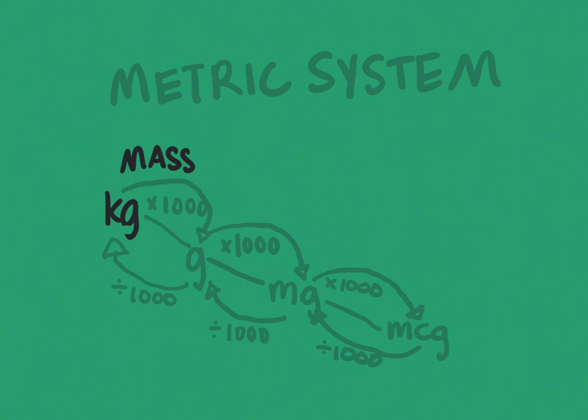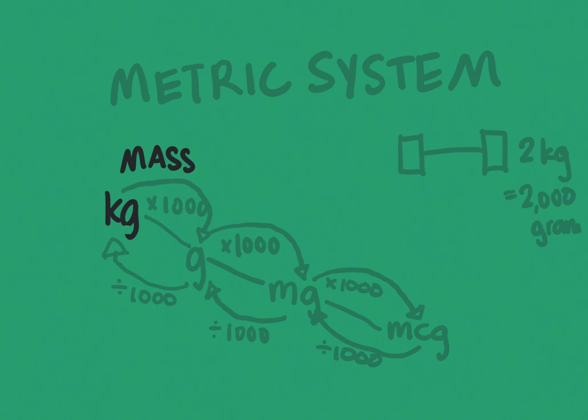Now, one thing I like to highlight as you get into your dosage calculations is that when we're switching how we describe someone's weight, we are not actually switching how much they weigh. For example, if I have a 2 kilogram weight, let's just say I'm lifting some weights here, 2 kilograms, okay? A 2 kilogram weight, I could also describe that as the same thing as 2,000 grams.